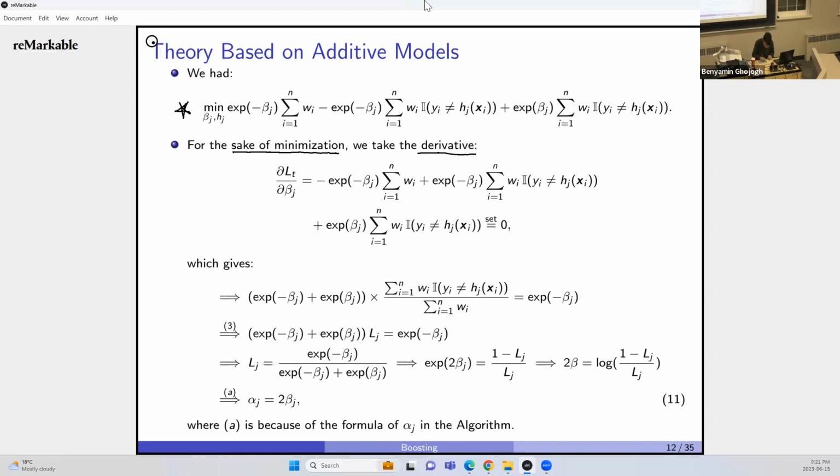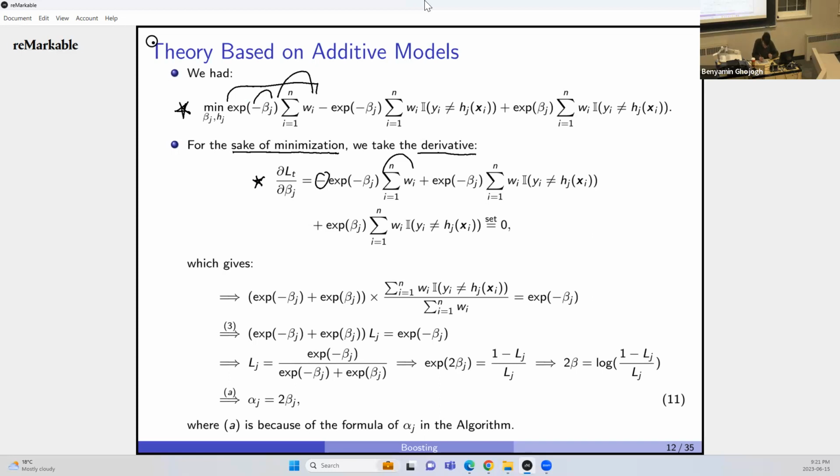So, taking the derivative of this with respect to beta j, what happens? What is the derivative of this with respect to beta j? Minus this, right? So this is a constant, appears here. This e to the everything, its derivative is everything, but we have minus beta j, so we'll have minus behind, right?